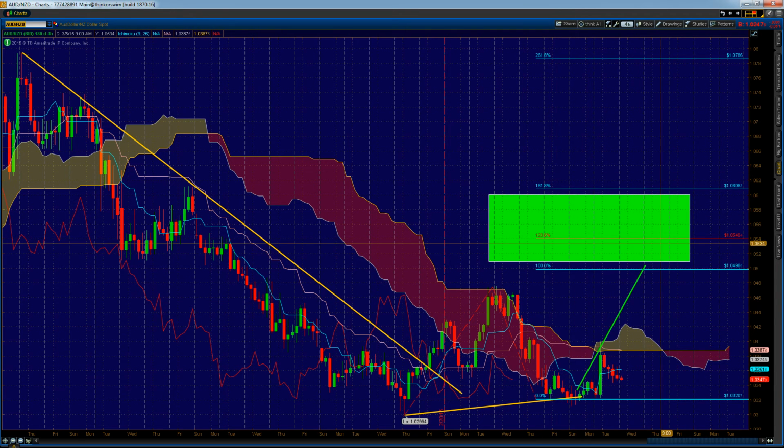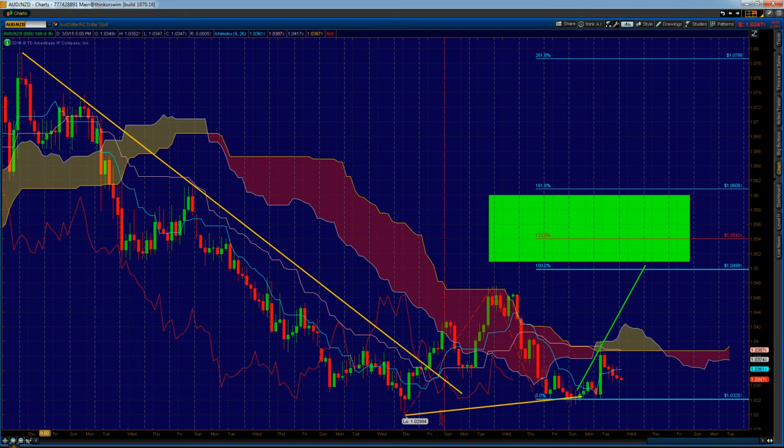But once we start to get some indication higher, our stops will definitely be at break even by that point, and then we'll just be riding the trend with no relative risk. So that's the ideal plan. But from the Ichimoku standpoint on the Aussie Kiwi, nothing is really bullish now, but we'll see how it plays out in the short to medium term.